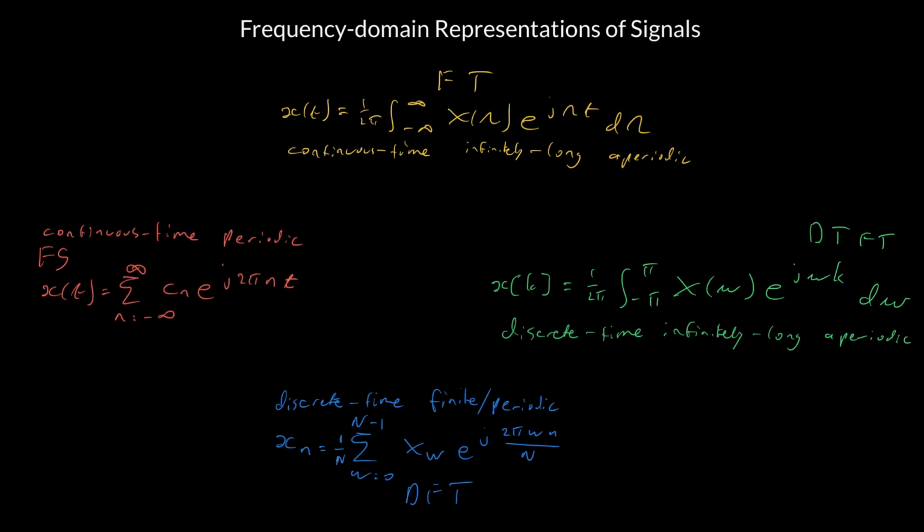Another thing to appreciate is that if you're the sort of person who likes just having a hammer in your toolkit, then you can do everything with just the Fourier transform. If we want to represent a discrete-time Fourier transform using a Fourier transform, all we need to do is set our x of omega to be 0 outside of minus pi to pi, and we recreate this expression down here.